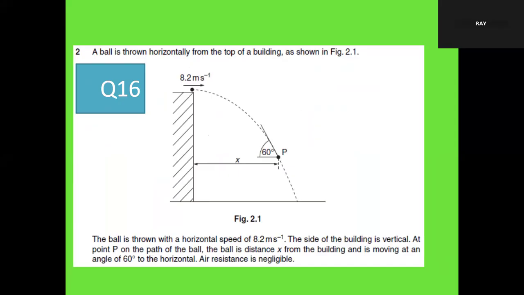The ball is thrown with a horizontal speed of 8.2 meters per second. The side of the building is vertical. At point P on the path of the ball, the ball is a distance x from the building and is moving at an angle of 60 degrees to the horizontal. Air resistance is negligible.